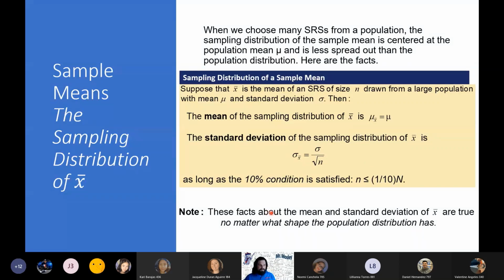Note, these facts about the mean and standard deviation of X bar are true no matter what shape the population distribution has, whether it's normal or skewed or some other craziness. The mean of the sampling distribution will be equal to the mean of the population. The standard deviation of the sampling distribution will be the standard deviation of the population divided by the square root of the sample size.